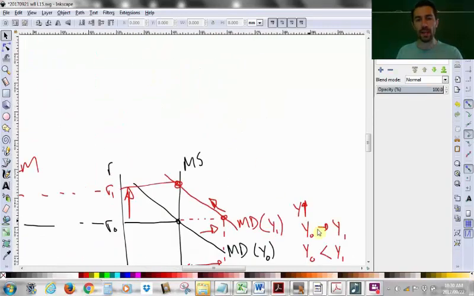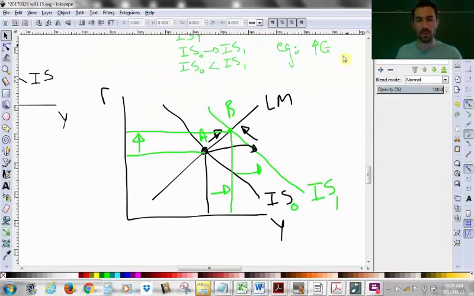Once we take the money market into account, hang on a minute, the story changes a little bit. Now if government increases spending, yes, we do get an increase in output in the short run, but it has long run or potential long run implications. So our story's got a little bit more complicated. And don't worry, the story's going to get even more complicated once we add the aggregate supply side of things to everything.